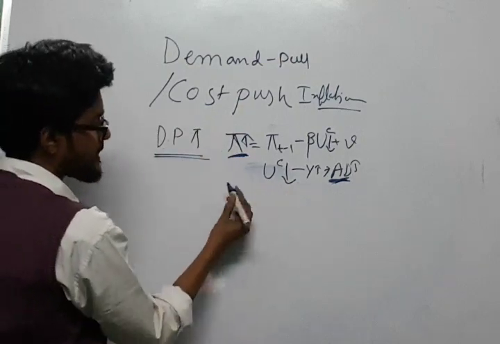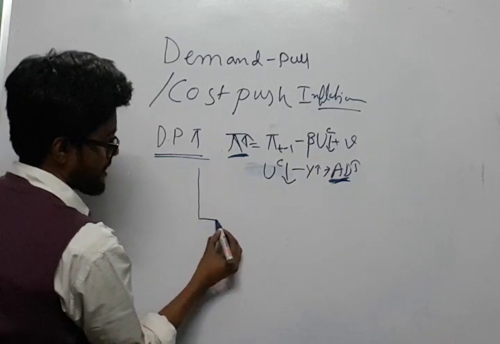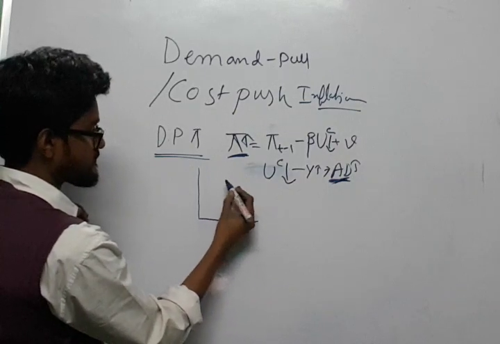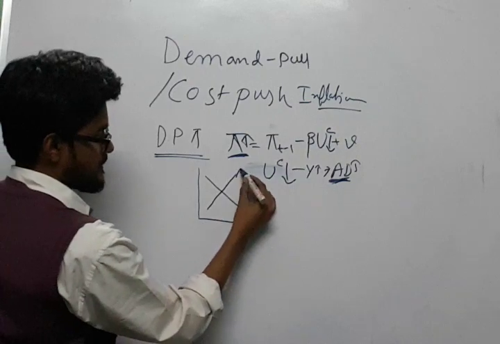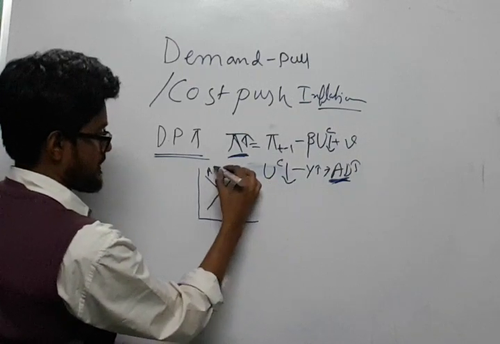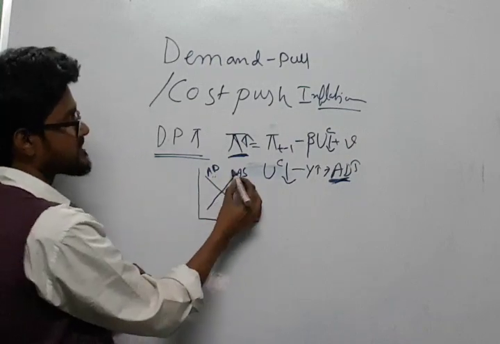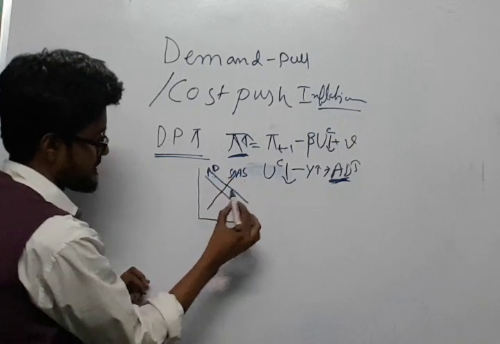Now, with the help of a diagram, if you want to show it. Let's say this is the aggregate demand curve, this is the short-run aggregate supply curve. Now, say the aggregate demand curve has increased.